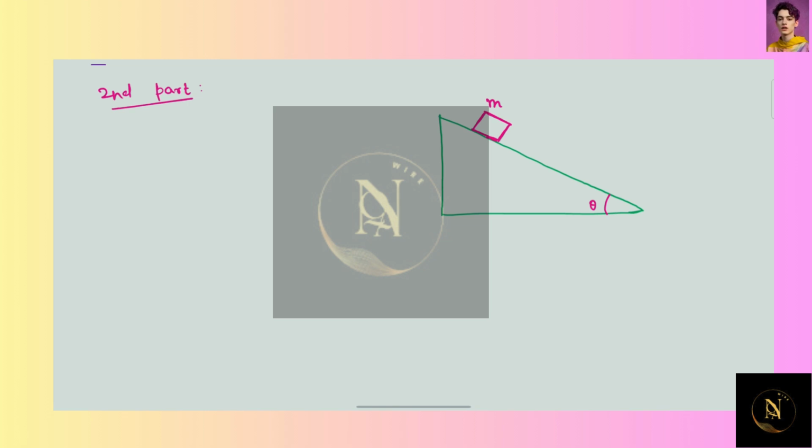As all the surfaces are smooth, usually the block will try to slide downward along the inclined plane. But if we want that this block should not slide, then the inclined plane should have an acceleration of a in the forward direction, so that this small block m will be resting over the inclined plane.